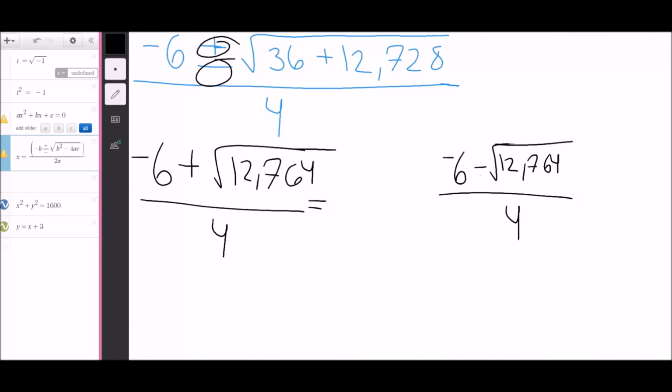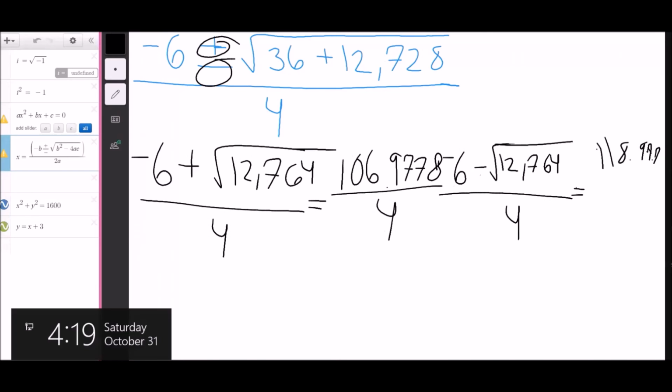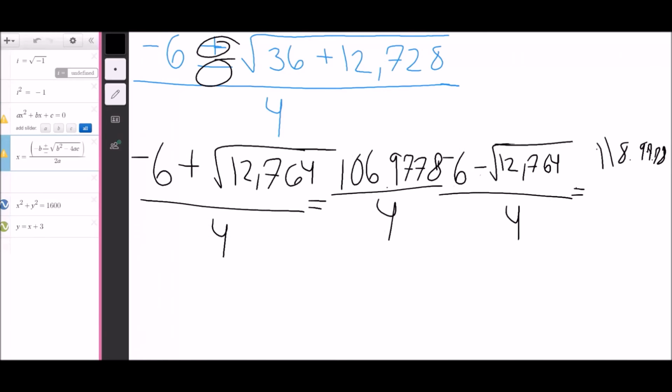Okay, so this is going to equal 106.9778 over 4. And this is going to equal 118.9778 over 4.